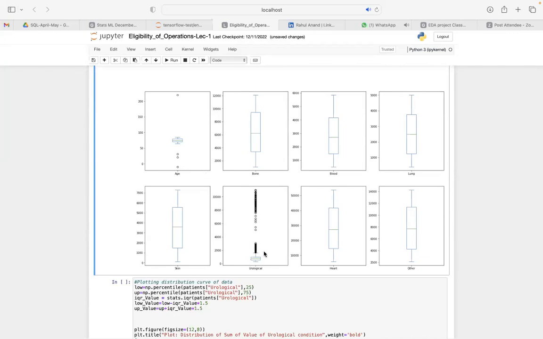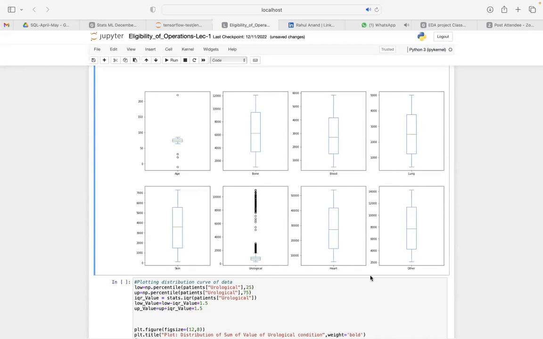But in urological, there are a lot of outliers present, and it's not at all correct to replace the null values with the average of this particular column, because your normal distribution curve ends here, and your median right now is here. Your objective should be to get the entire data into a normal distribution inside the box plot.